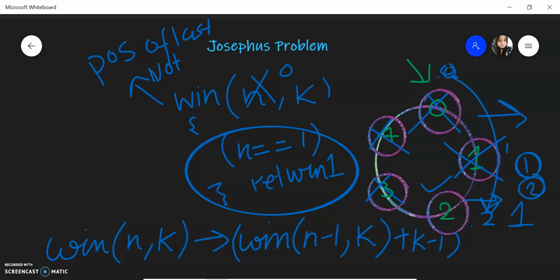That if suppose we are here and we do a k minus 1, then it will become greater than n. That cannot happen, so we will simply do a mod of n and then again do a plus 1 just to suffice the array. This is probably a very simple code.